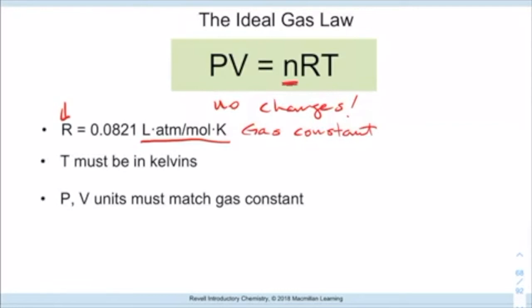Now one thing that's not listed here is, what is this guy? So n is moles of gas. Okay? So pressure, volume, moles, and temperature. And because R is a constant, we always know that value. Okay?